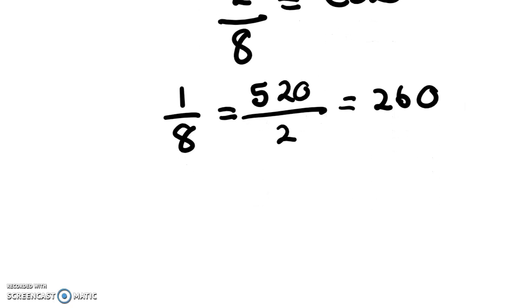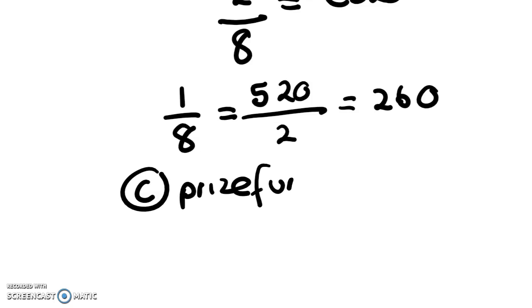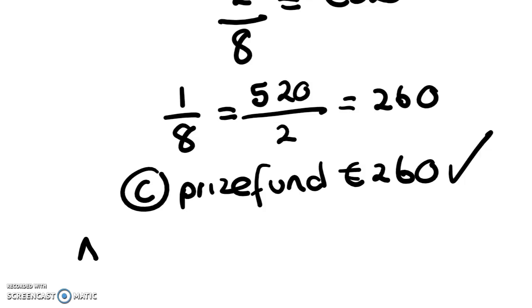That tells me C shares the prize fund, and it gets €260. So that's the first part done. Now, lads, A had 5/8.